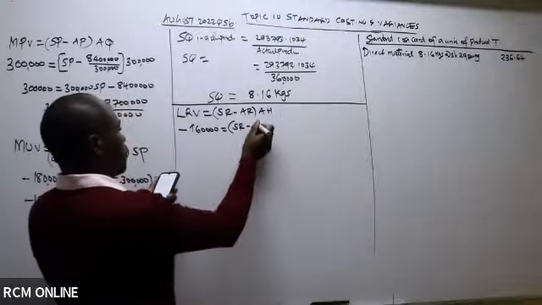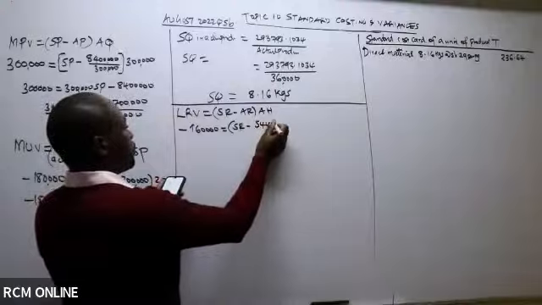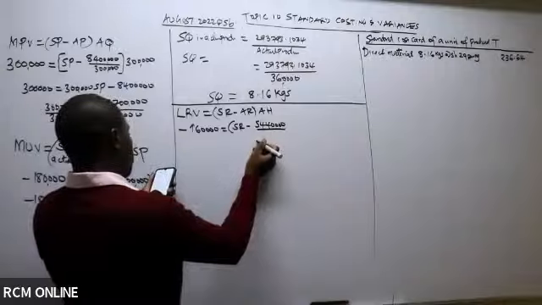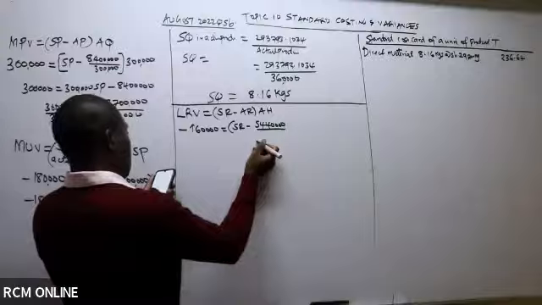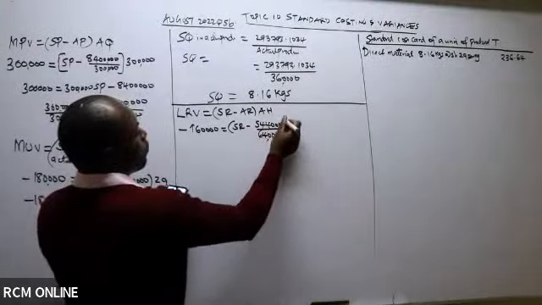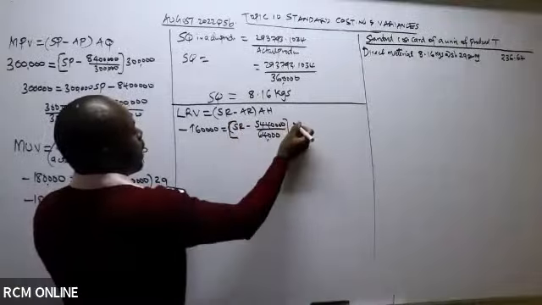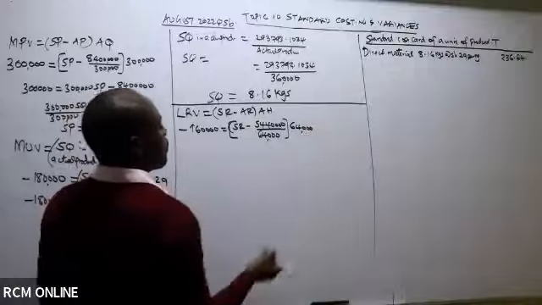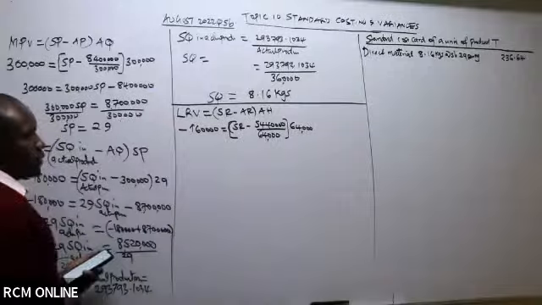That is 54.40 divided by actual hours will give us actual rate. 64,000 hours. This will give us actual rate. Then we multiply by actual hours, which remains to be what? Good. So let's break the bracket.